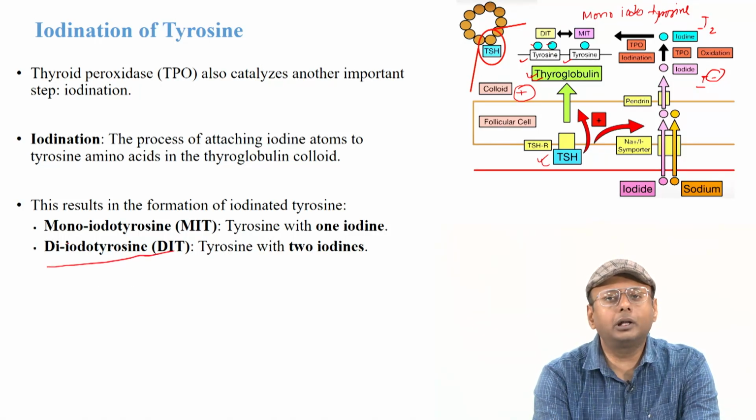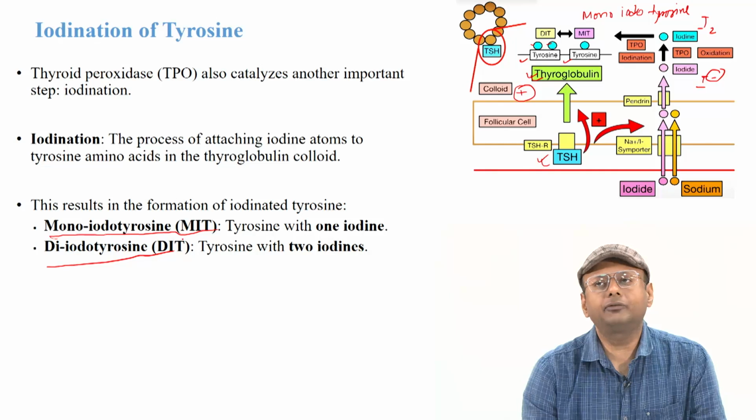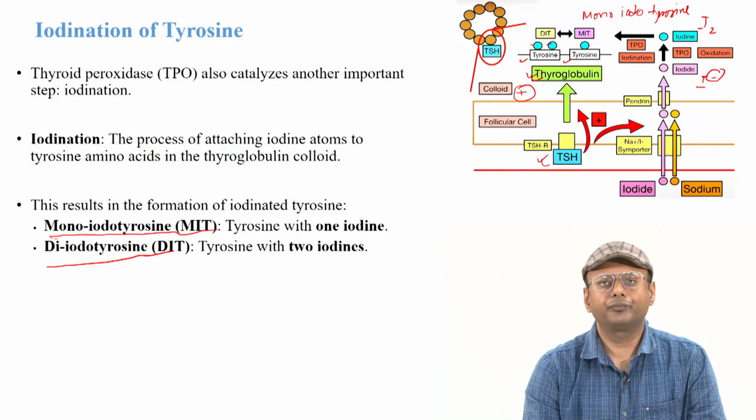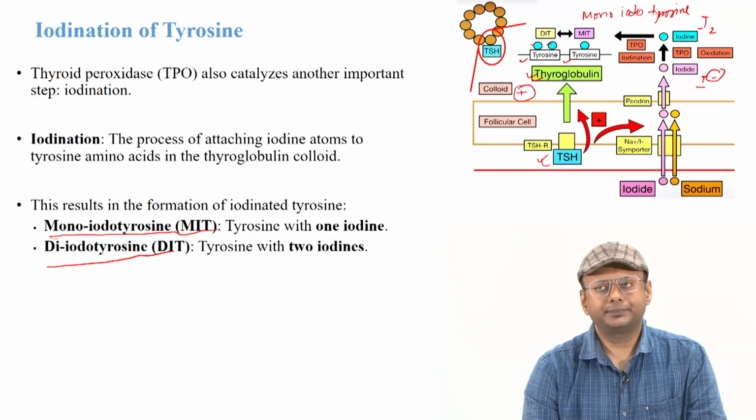So if one molecule of iodine binds to the tyrosine, we call it MIT or monoiodotyrosine, and if two molecules bind, we call it diiodotyrosine. So this process is also called iodination.